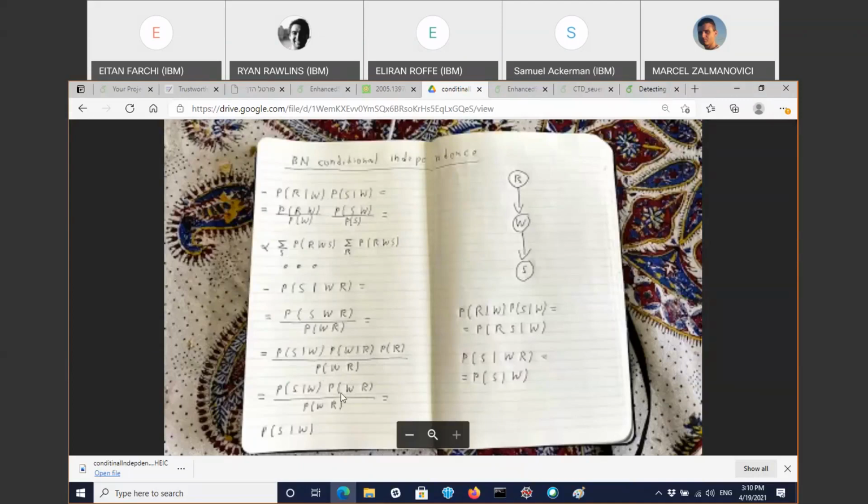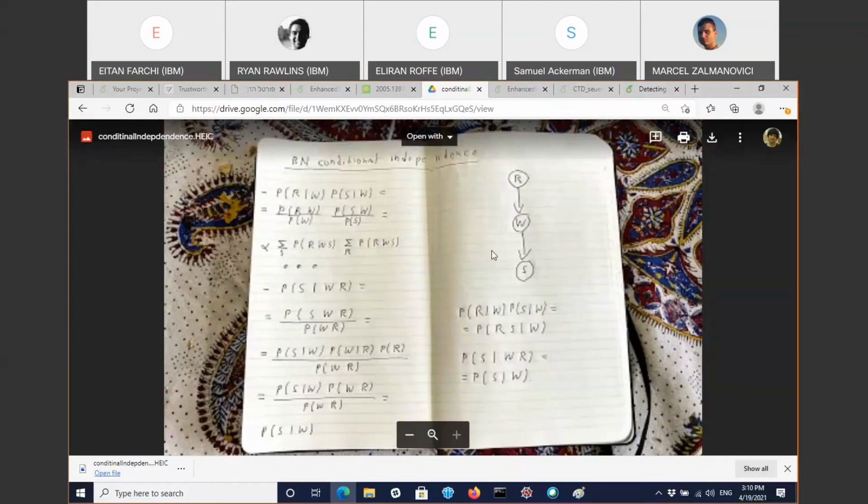So this cancels, and you get the probability of S given W, which is exactly the definition of independence. So we've proved that given this format of a network or part of the network, given W, R and S are independent.